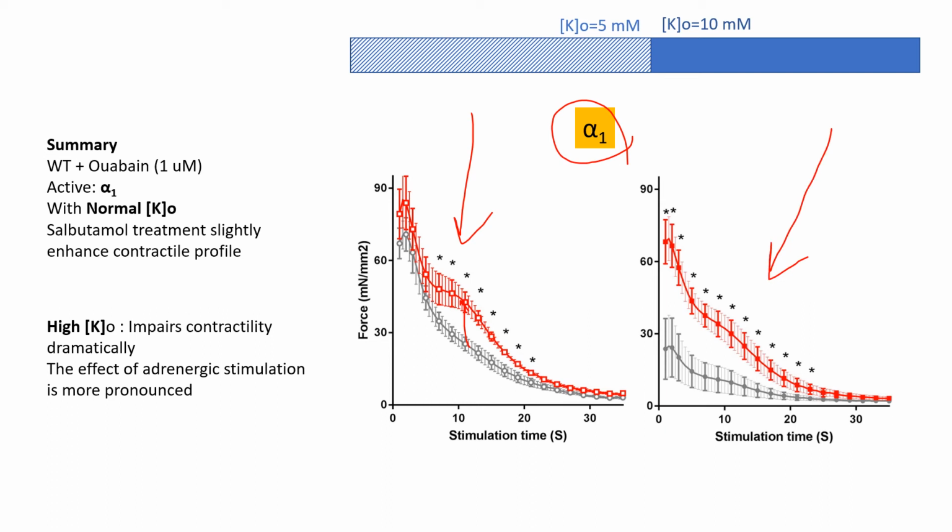High extracellular potassium impairs contractility dramatically. The effect of adrenergic stimulation is more pronounced here, almost 2 to 3 fold increase of total force generated following adrenergic stimulation. Compare gray versus red.